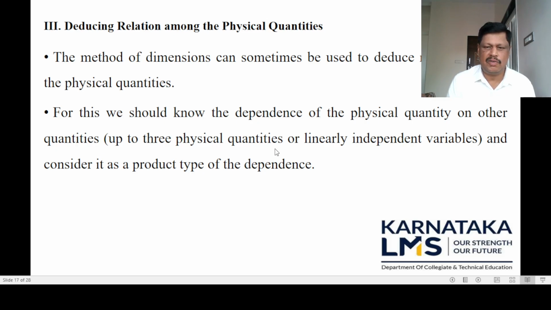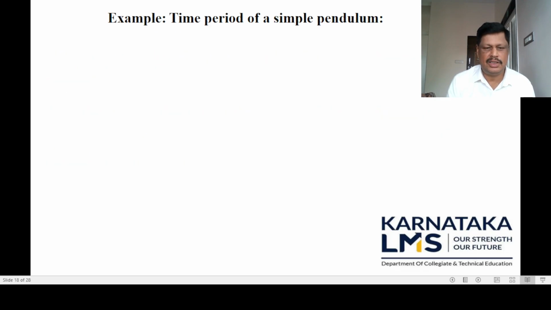Up to 3 physical quantities are linearly independent variables. So we are taking only the product of 3 or more linearly independent variables and considering it as a product type of dependence. We can derive the physical equation if the physical quantities are of product type. This is one of the limitations in this use.